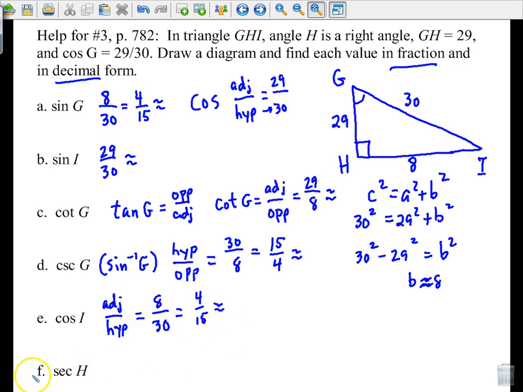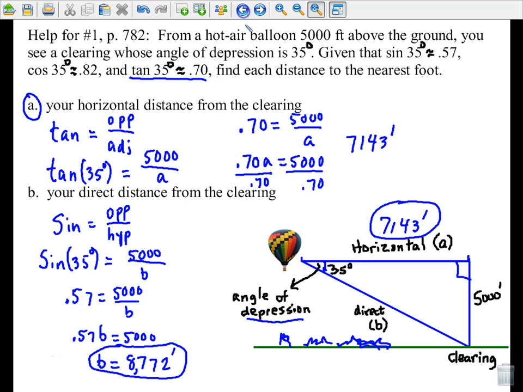Okay, so now we get to letter F, and we're asked to do secant of this right angle, H. We'll come back and answer this, but I could just tell you that cosine of a right angle is 0.